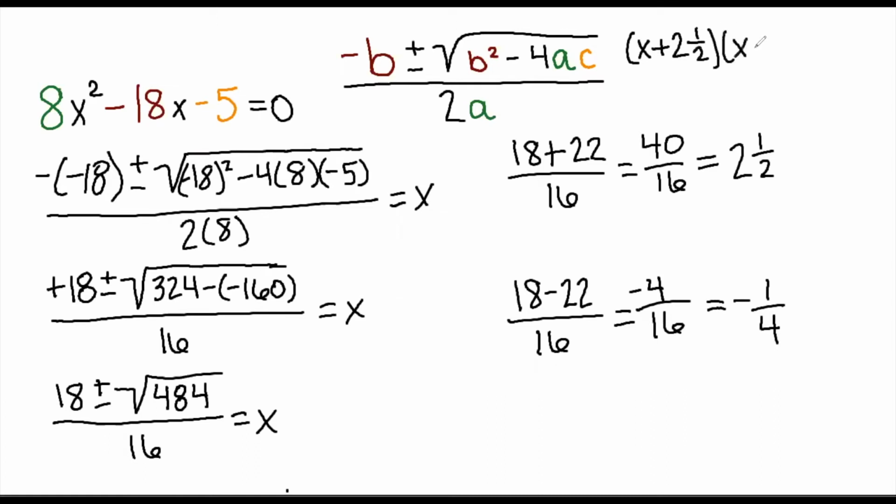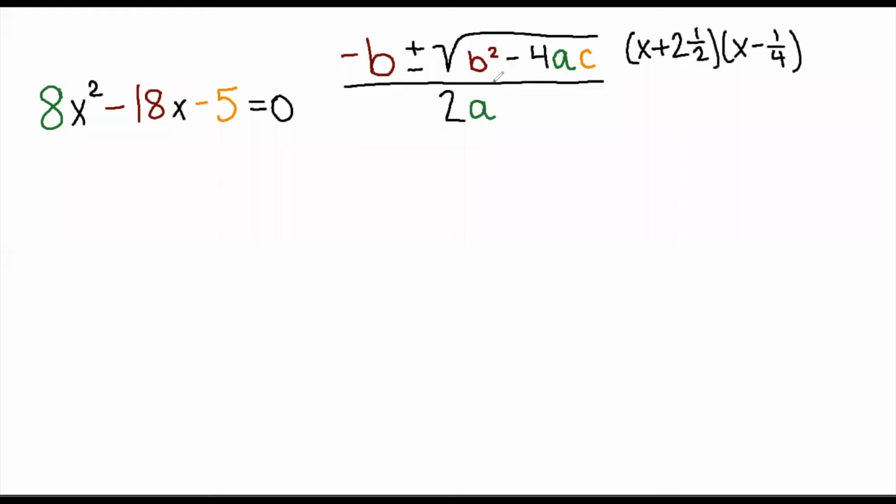Okay, so now we're going to go ahead and erase all of this to use the factoring method to solve this same equation. So the first step in our factoring is we're looking for how to fill in this same answer that we got here, except we don't know what that answer is.